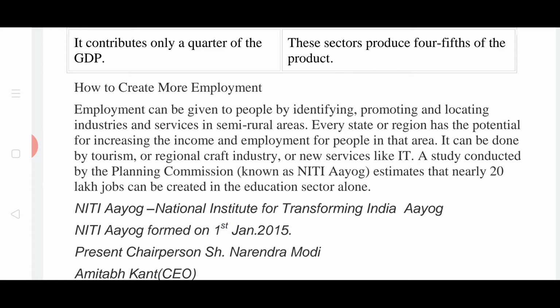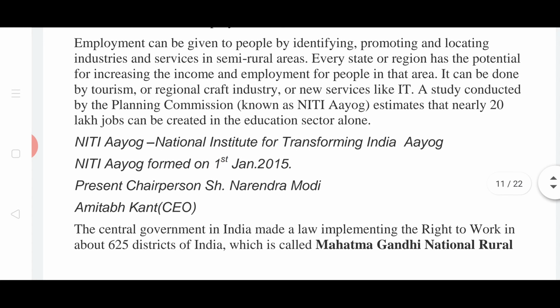Niti Aayog means National Institute for Transforming India. It was earlier called the Planning Commission, and after some changes it is now called Niti Aayog. The current chairperson is Shri Narendra Modi, our honorable Prime Minister, and the CEO is Amitabh Kant.